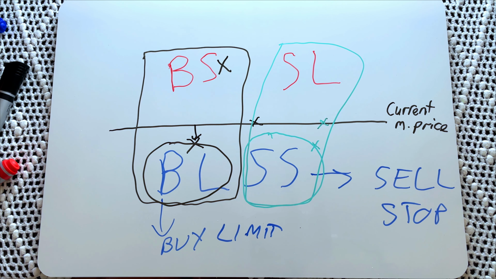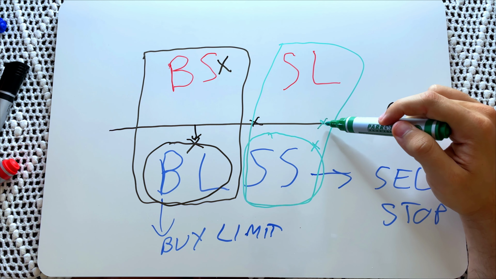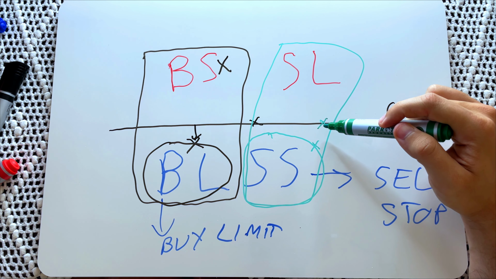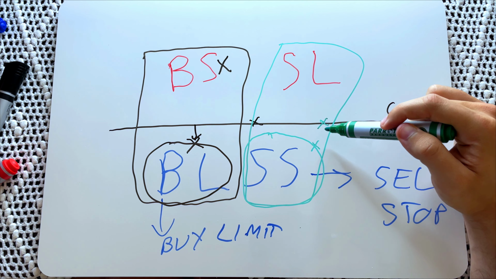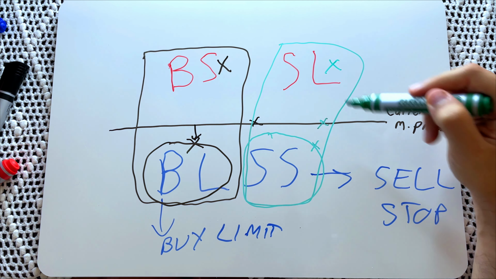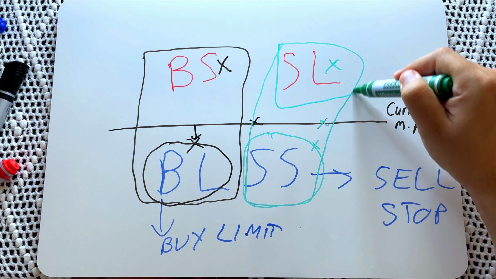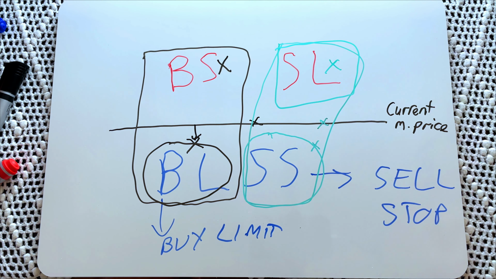Similarly, if I'm currently here at current market price, and I want to sell when we get above this price, so somewhere here, I know that the order that I'm going to use is a sell limit, because that's the one that's above. And that's the simple way of being able to understand how buy stops, buy limits, sell limits, and sell stops work.